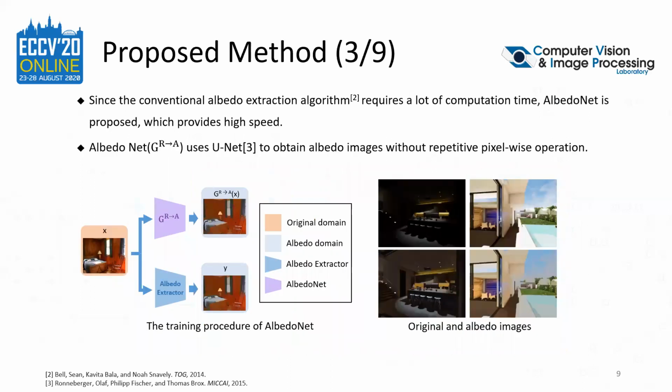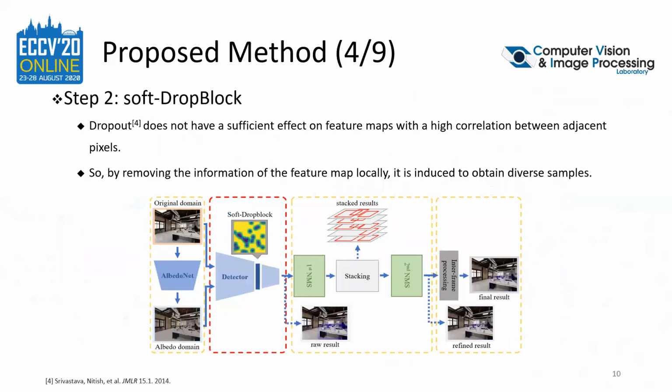However, since the conventional algorithm for extracting albedo images has a considerable amount of computation, we propose a CNN-based AlbedoNet. AlbedoNet has a U-net structure and is a network that runs image translation from original images to albedo images. This is more than 400 times faster than the conventional algorithm.